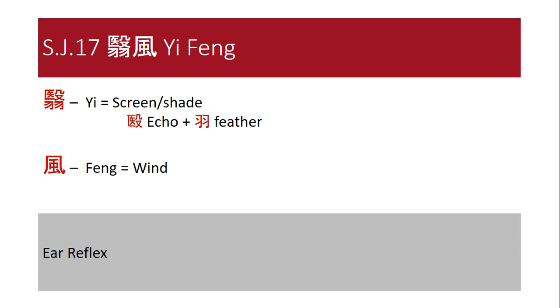I use Sanjiao 17 as a reflex for ear infections and blockages, for which I tend to use Sanjiao 8 and spleen 7. It can also reflect a structural imbalance in the neck, a bit like a tilted neck that creates a muffling of the ears. In that case, I would look at Sanjiao 3 to resolve it.